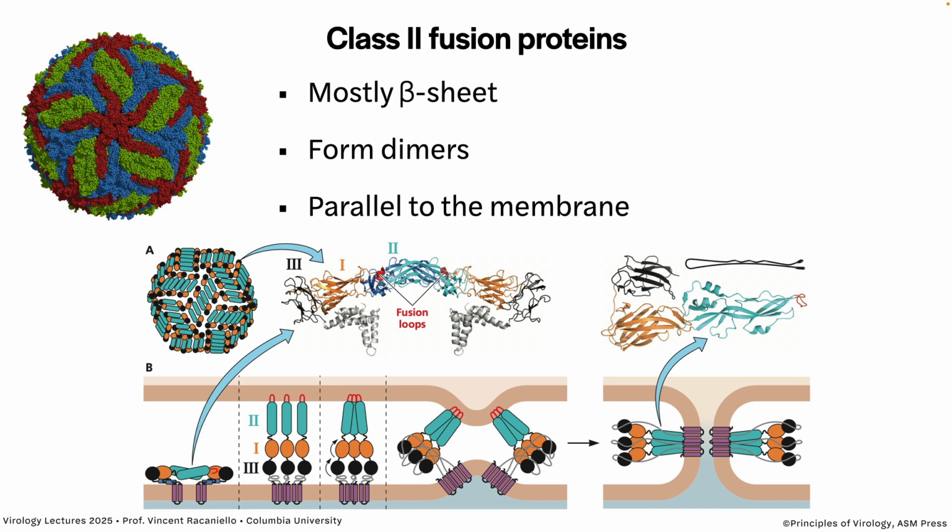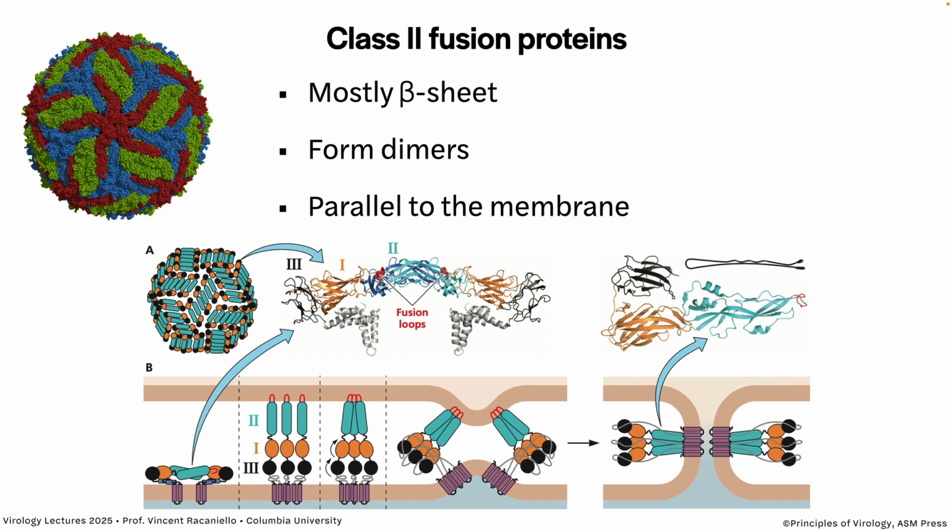So here we have a flavivirus with these fusion proteins laying flat on the virus surface. Here it is in a cartoon form in B. And again, the fusion loops are buried here in this protein. And when it undergoes low pH in the endosome, as the virus is taken into the endosome, these proteins reorient.